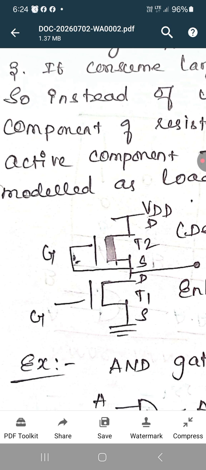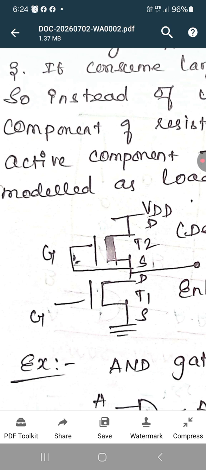If I provide the input voltage as 0, the bottom transistor T1 is not on. In this situation VDD is on, the upper transistor is always on, and that VDD gets passed to the output. So with input 0 the output is 1.